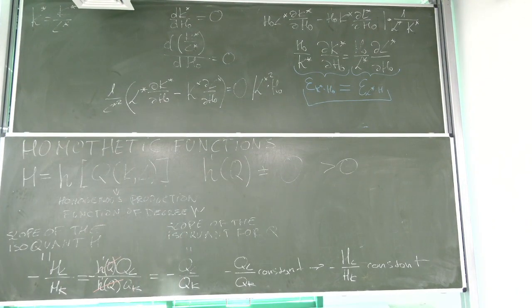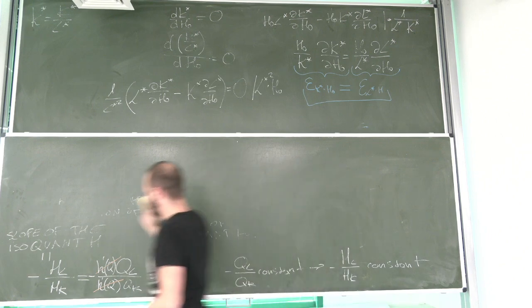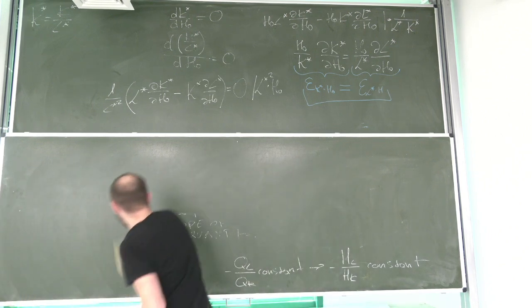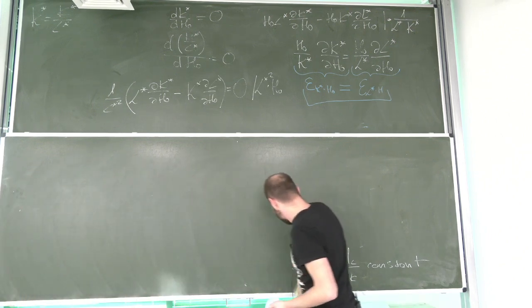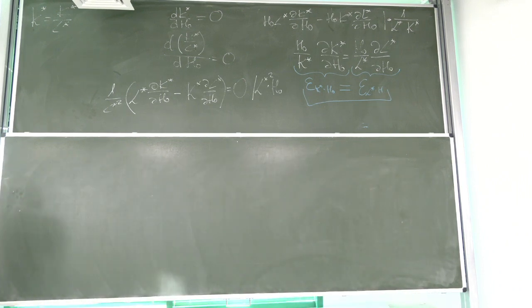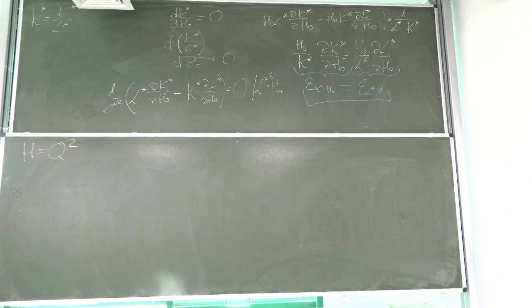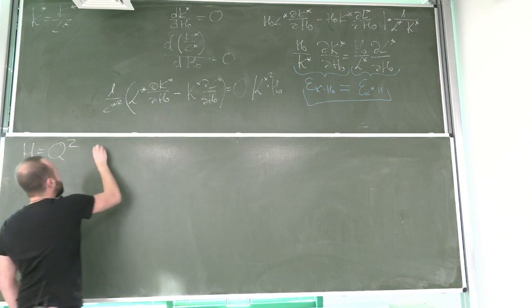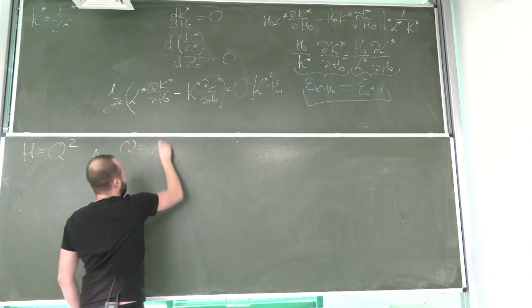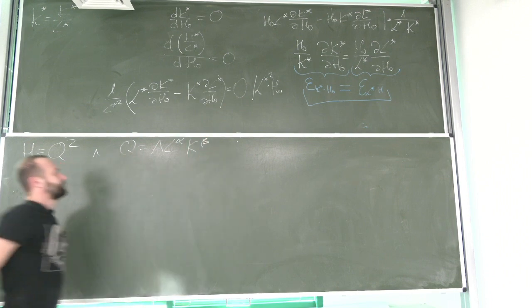Okay, but we talked about theory quite a lot. Let's now maybe try one example to see how it actually works. Okay, so let's just say that the function we are going to have is H equals Q squared. And let's just say that our Q is a Cobb-Douglas production function.